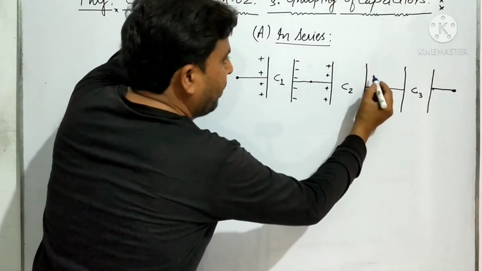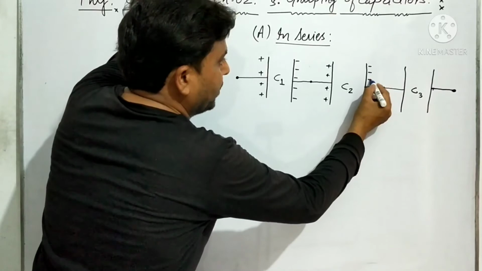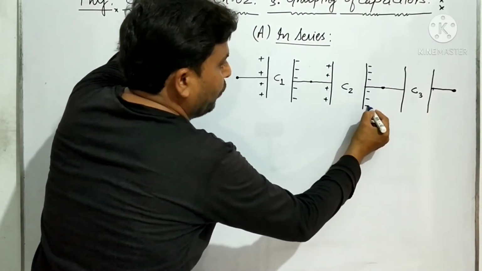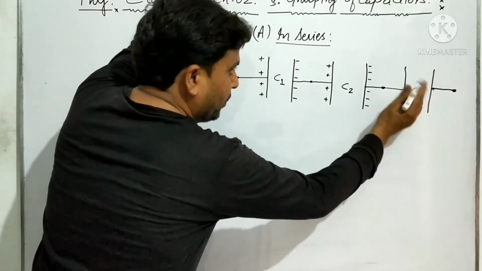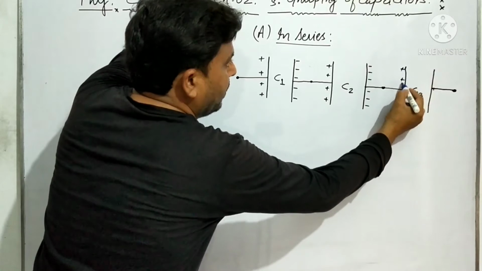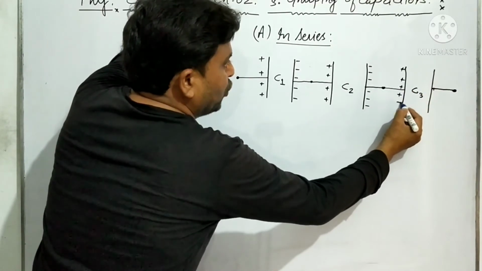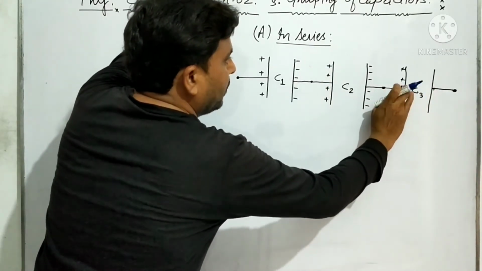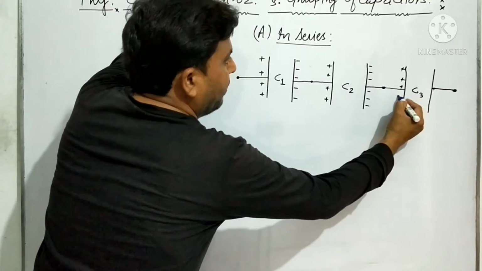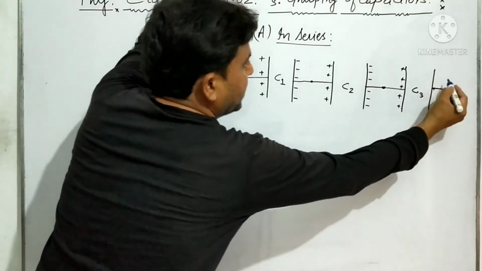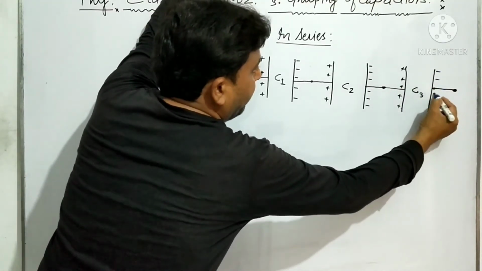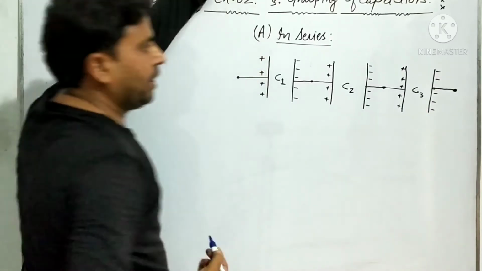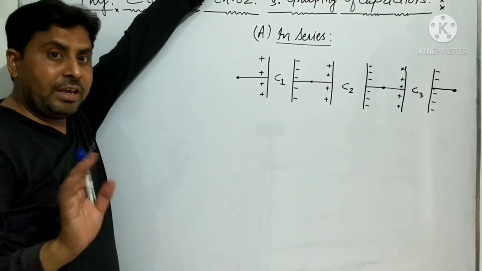And second plate of second capacitor connect with the first plate of third capacitor. Such combination is called series combination. All have the different capacitance and this is the negative plate. Is it clear?